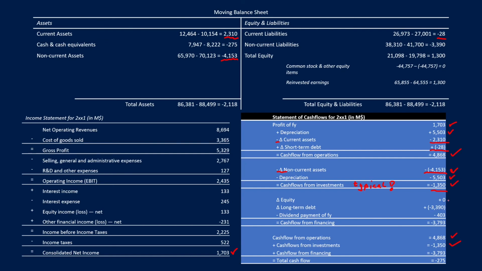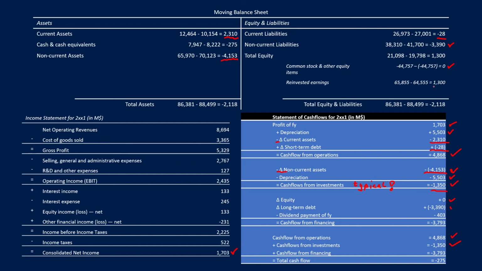We have the change in equity, that doesn't change. We have the change in long-term debt coming from here. It has a negative sign, so we add a negative change in long-term debt. And we have the dividend payment. Where does that one come from?